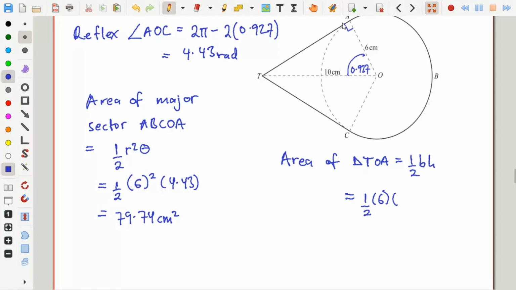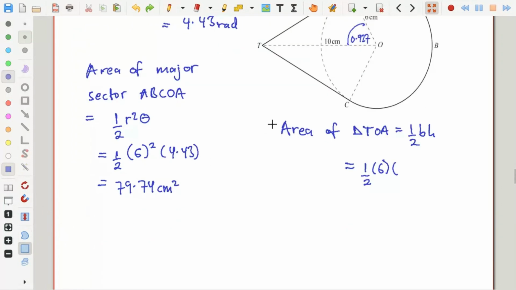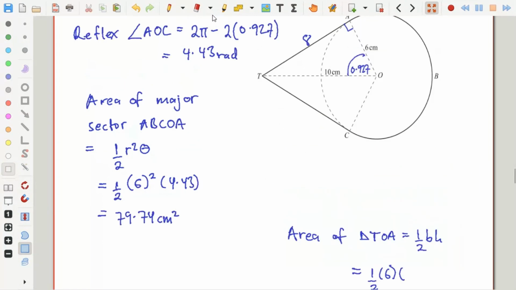Oh, we don't know the length of this. So you have to find the length here. The length here will be 8. I know that from the Pythagorean triple. Let me calculate for you TA. We know that it's a right angle triangle, right?